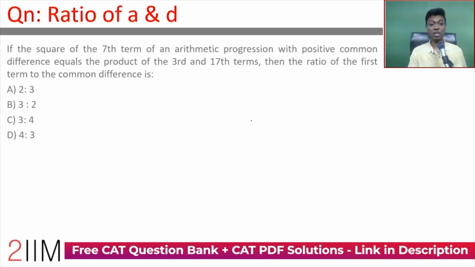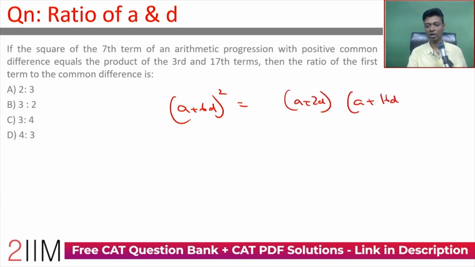If the square of the 7th term in an arithmetic progression with positive common difference equals the product of the 3rd and 17th terms, then find the ratio of the first term to the common difference. 7th term of an arithmetic progression, a plus 6d whole square equals a plus 2d into a plus 16d.